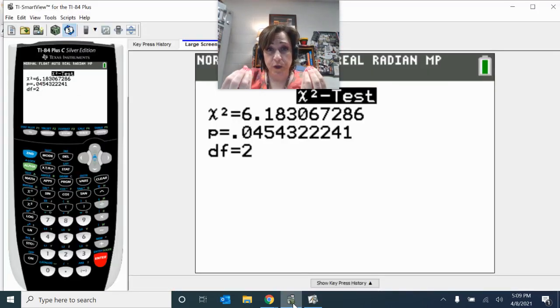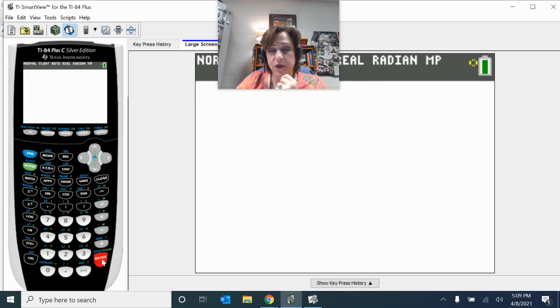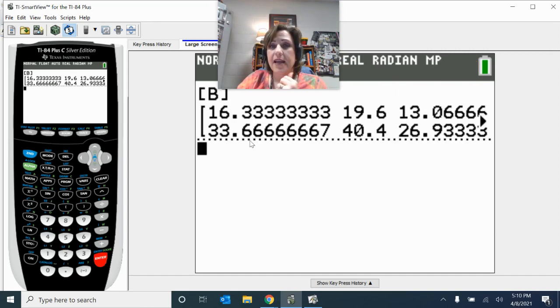I want to view matrix B. So let's go back to our little second x to the negative 1. Now, you could scroll down and hit enter and look at this matrix B. FYI, look, it changed the size of matrix B when I ran that test, okay? But I'll go ahead and show it to you. Enter. Okay. This has got a lot of decimals and stuff.